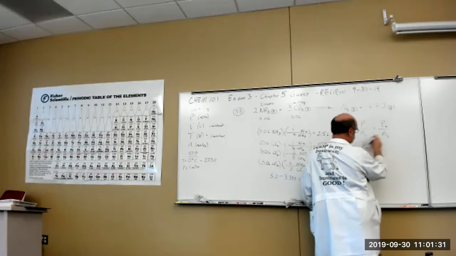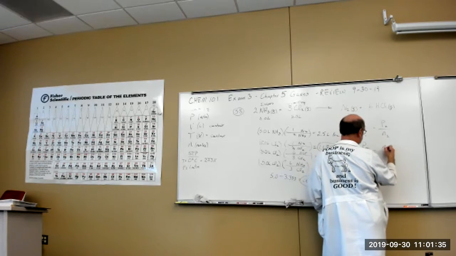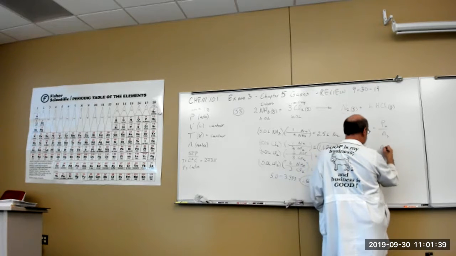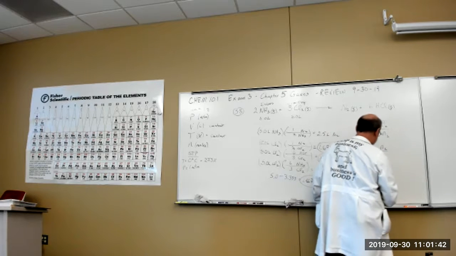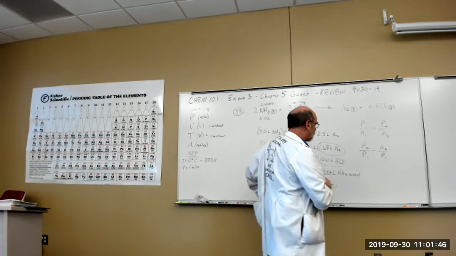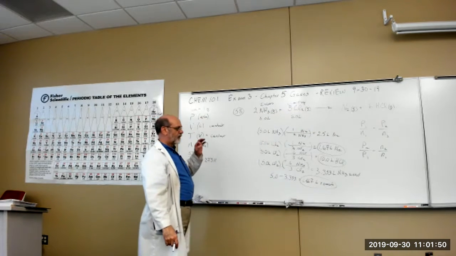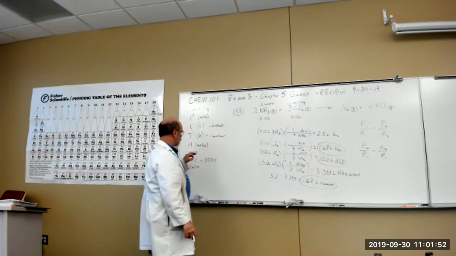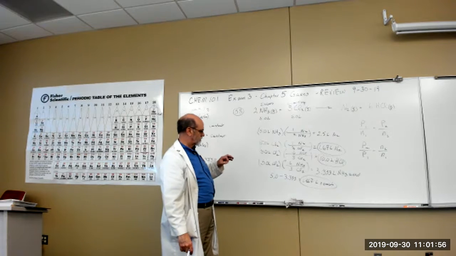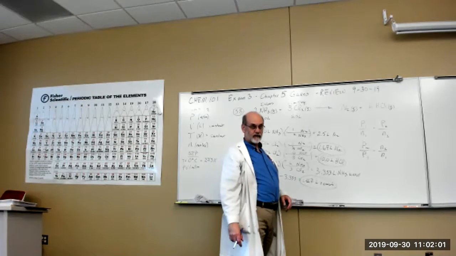So what happens to the moles? Well, N2 comes over here. 1 there. Okay? Now, also, we have to understand that the number of moles is proportional to the volume. Right?